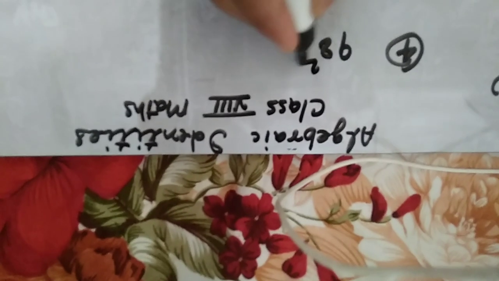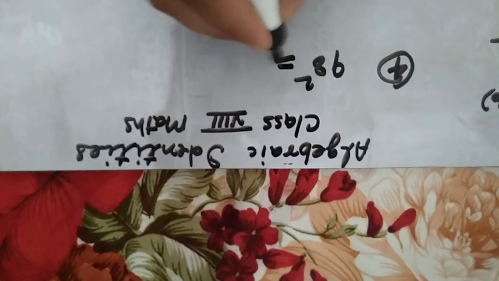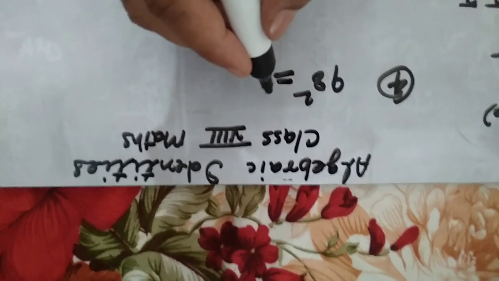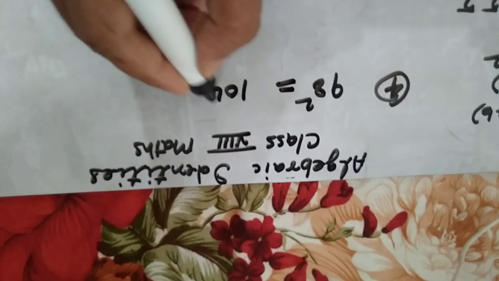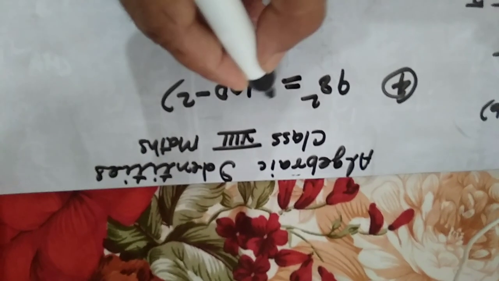Some applications of this formula. Suppose we have to find out the square of 98. So 98 square means we do not have to multiply. Actually 98 into 98 you do not have to write. We have to use the identity. So 98 can be written as 100 minus 2.